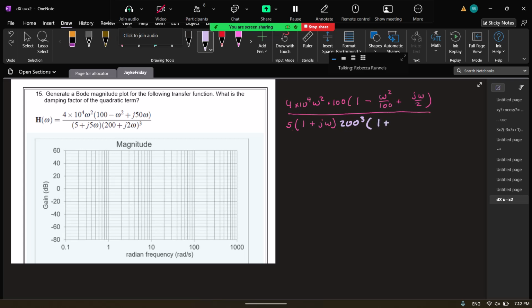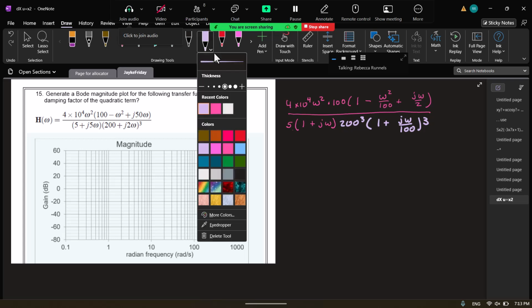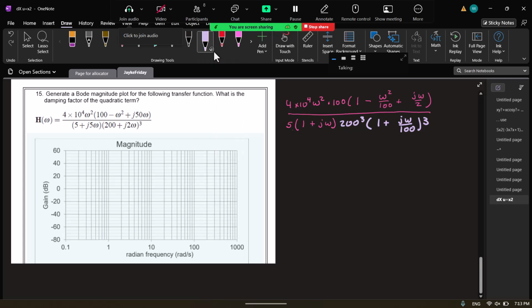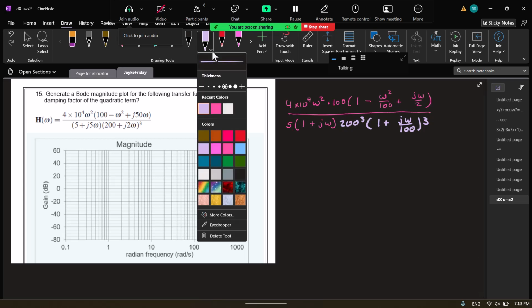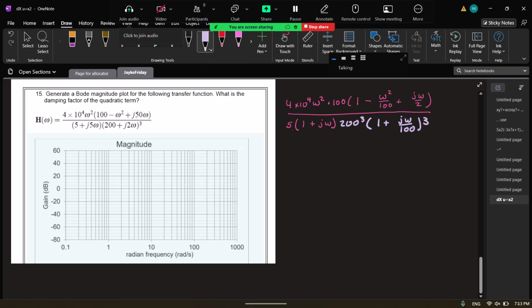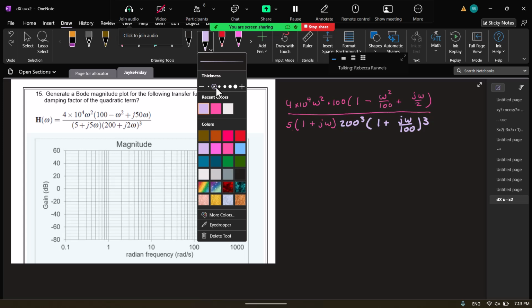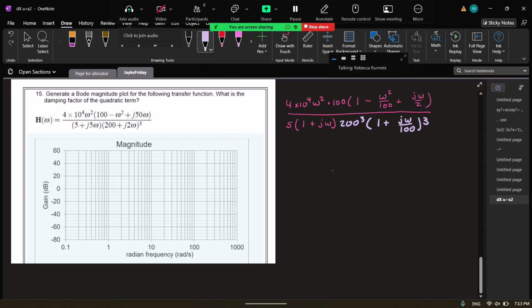One plus j omega over 100 cubed. I don't think so, because I took out a 200, right?